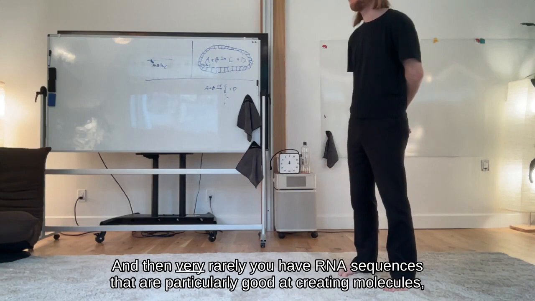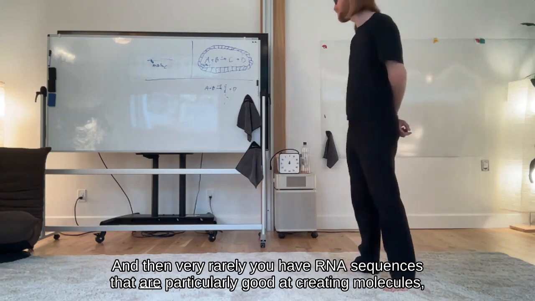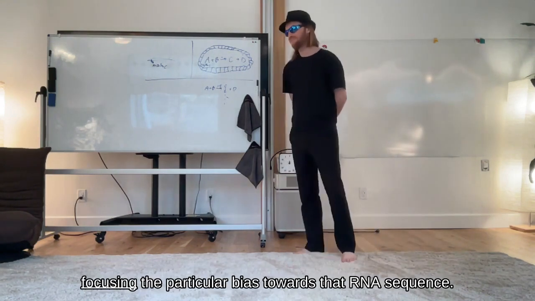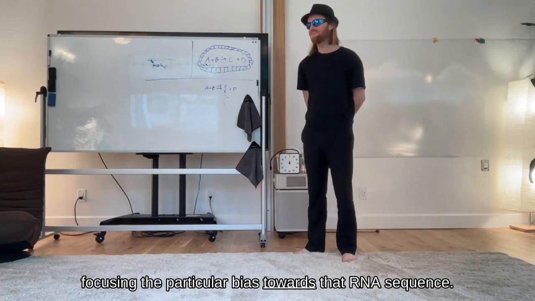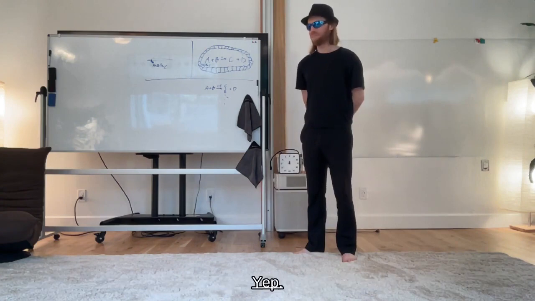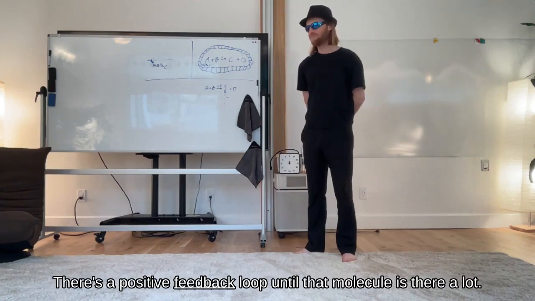And then very rarely you have RNA sequences that are particularly good at creating molecules focusing the particular bias towards that RNA sequence. Yep. And then it's still just a mess of a whole bunch of different molecules, but there's a positive feedback loop until that molecule's just there a lot.